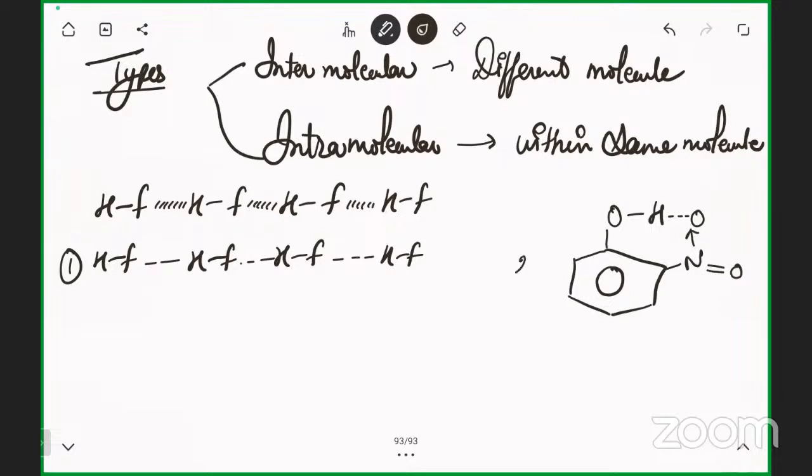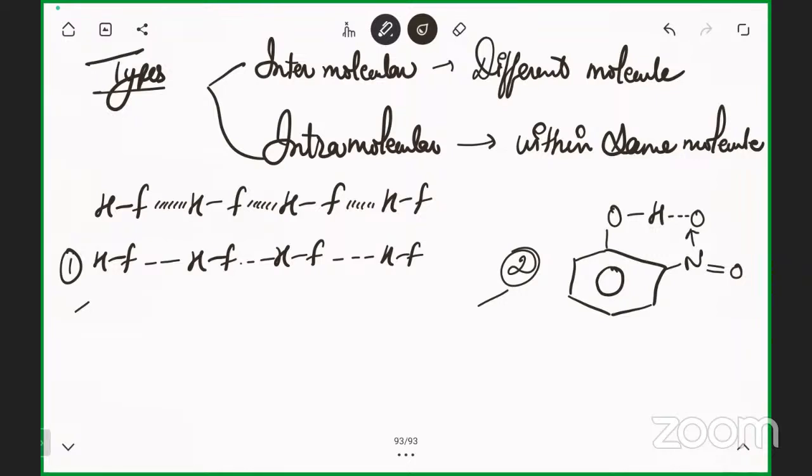Okay, this is condition 1, this is condition 2. So tell me, which condition is intermolecular or intramolecular? Intermolecular, just because it is present between different molecules of hydrogen fluoride. While in the case of orthonitrophenol, it is intramolecular, just because it is present within the same molecule.